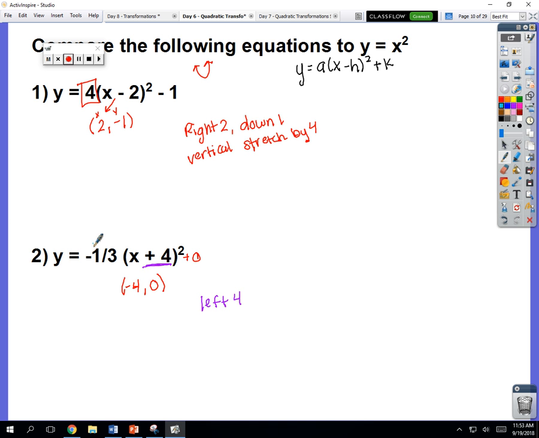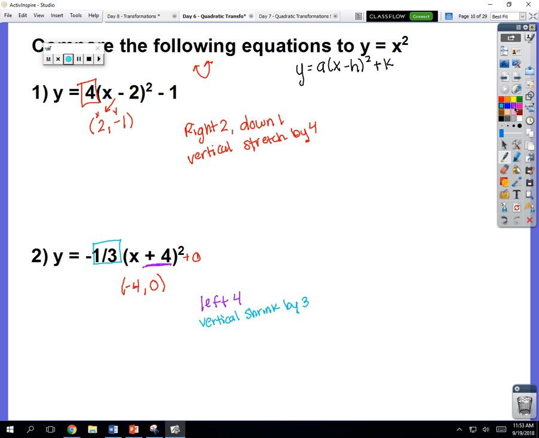This 1/3 here tells me that it has been vertically shrunk. It's like it's been smashed. So this is a vertical shrink by 3, because it's a fraction, 1/3, it should get wider, like it's been smashed down.